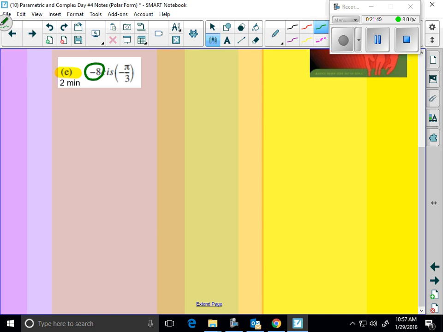It's okay if r is negative, our modulus is negative. What does that mean? It extends out left instead of right. So extend out left. If I extend out left and then rotate negative pi over 3, will I go clockwise or counterclockwise?